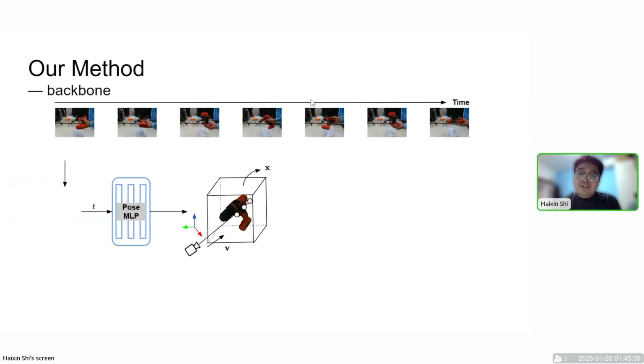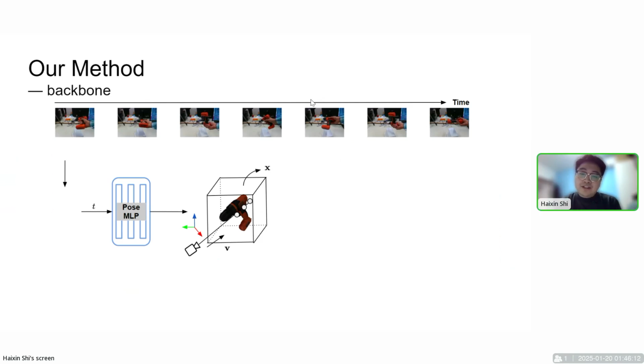Let me first introduce the backbone of our system. We rely on implicit neural rendering to optimize the pose and shape at the same time. Given a timestamp for a specific image, we estimate the camera to object pose. Based on this pose, we set up a camera in the world space, emit rays into the world, and sample points on the ray.